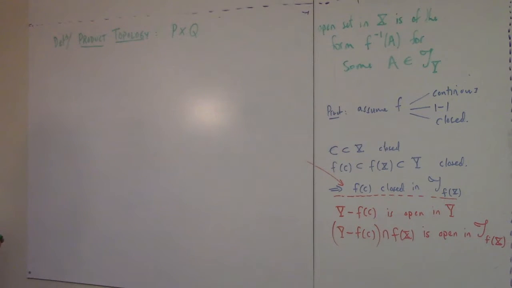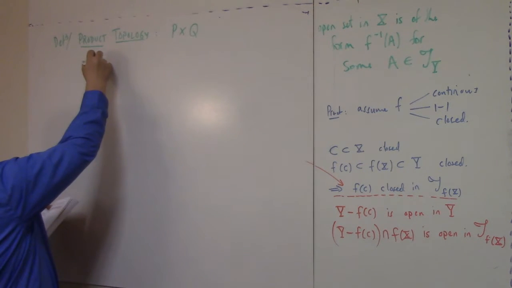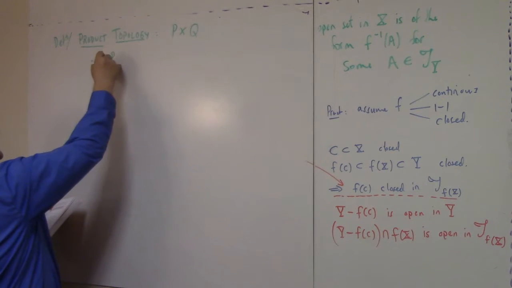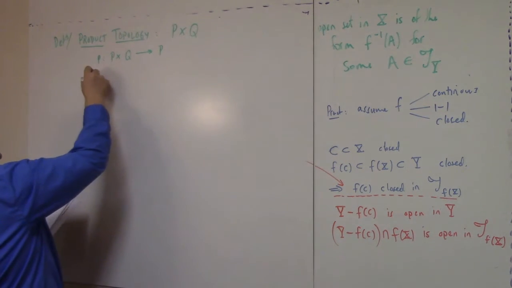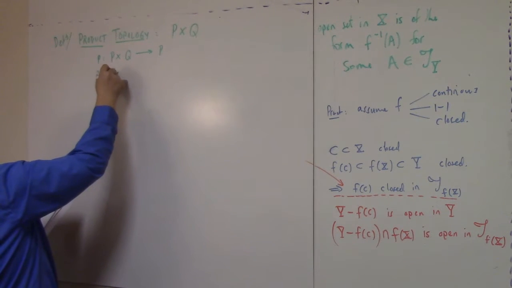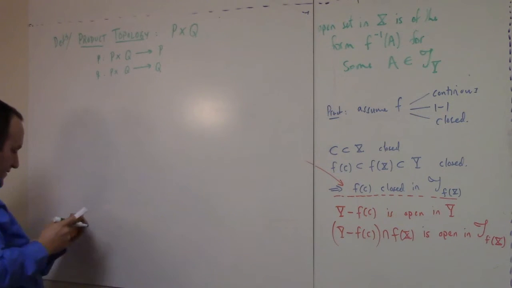He says the product topology on P cross Q is the coarsest among all of those making the projections continuous. What are the projections? There's two mappings. The projection map little p from P cross Q to P, and little q from P cross Q to Q. I think you can tell me how they're defined.